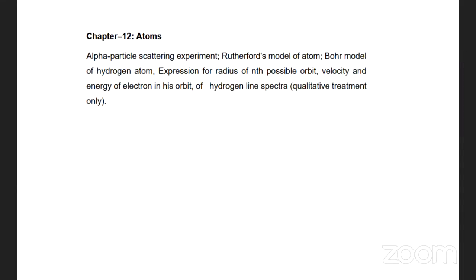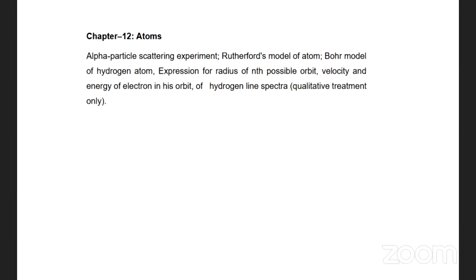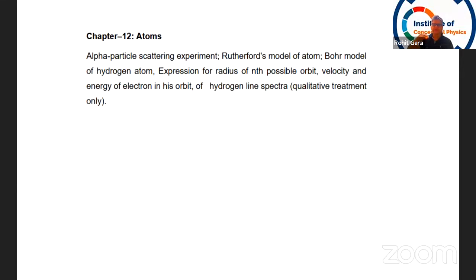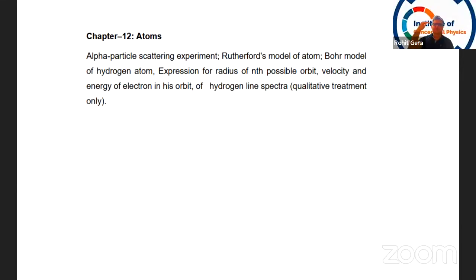So imagine a very large atom with orbits, and at the center you have the nucleus. Now the alpha particle comes, not exactly towards the center, but away from the center of the nucleus. That means you start entering that space of the orbits.